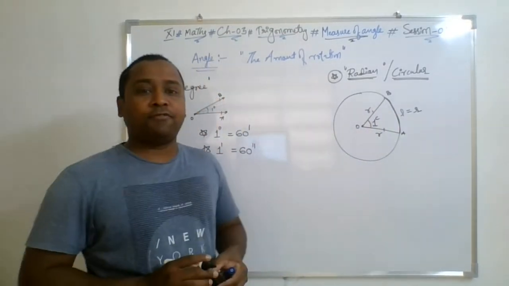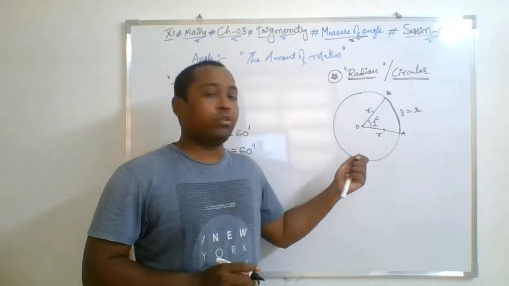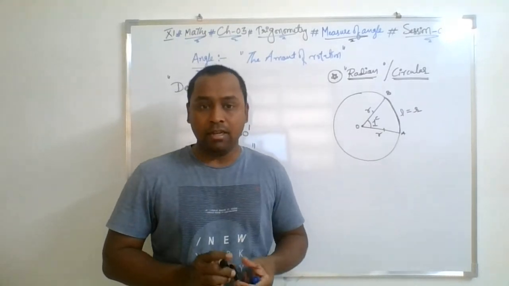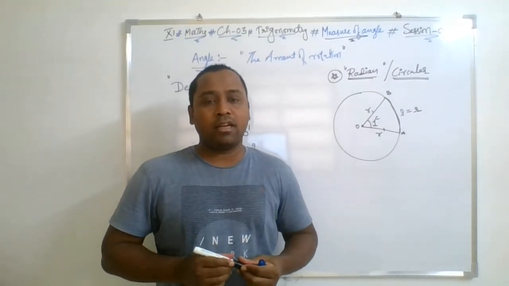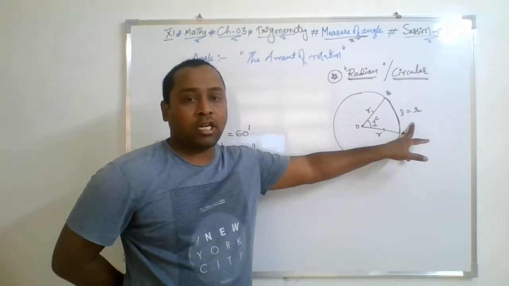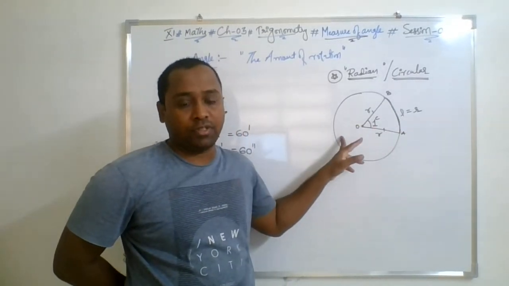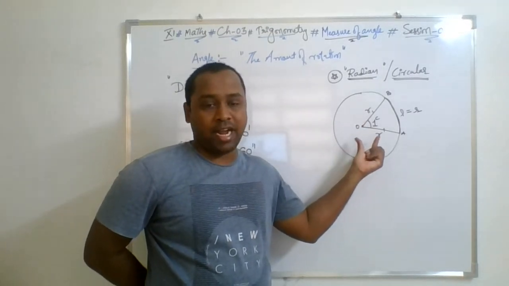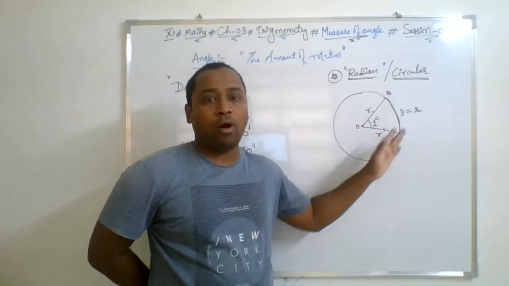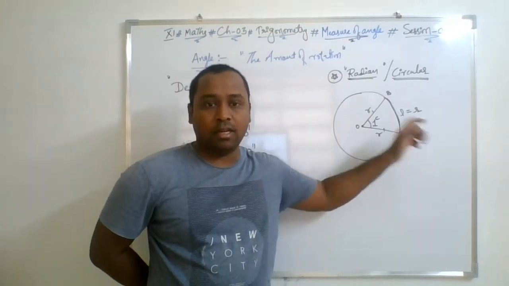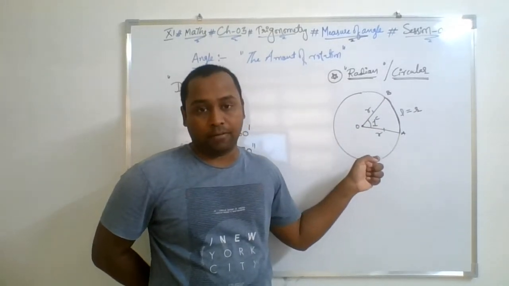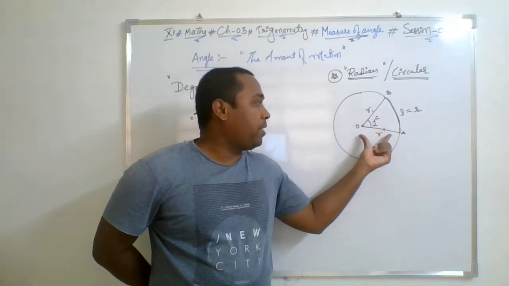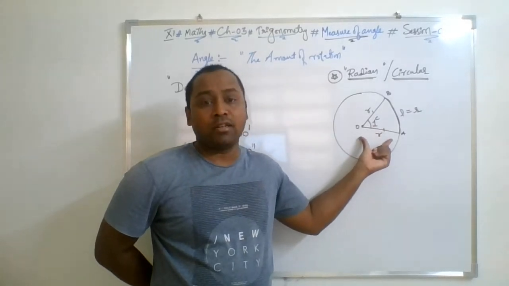First of all, let me define the meaning of radian. Radian is simply the angle subtended by the arc of the circle at the center of the circle. I repeat, radian is the measure of angle formed by the arc of the circle at the center of the circle. Now, I am defining what is meant by 1 radian.